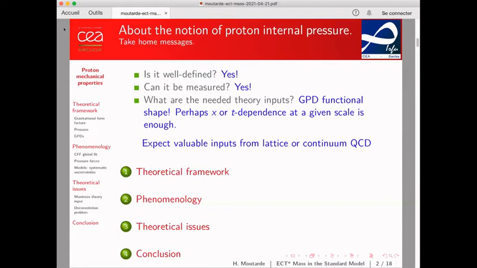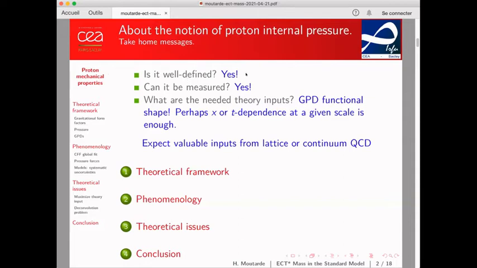Perhaps we will need only the x or t dependence on a given scale. Perhaps it would be enough. It's still an ongoing study, I would say. But in any case, even for the extraction, I expect valuable inputs coming from either lattice or continuum QCD. And I'm not even mentioning all the required input for the interpretation of all this.